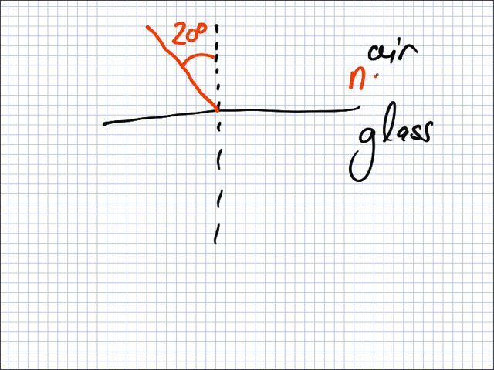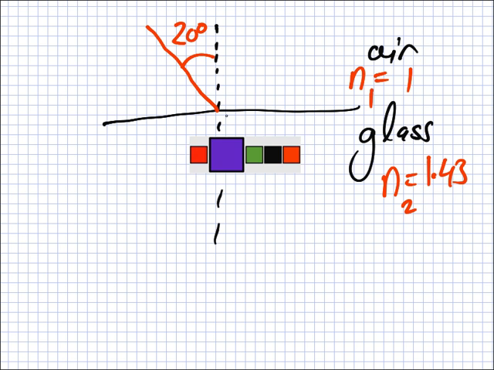The air has an index of 1, and the glass has an index of 1.43. Then what happens is it refracts, so we get an angle here. I'll just call it theta.